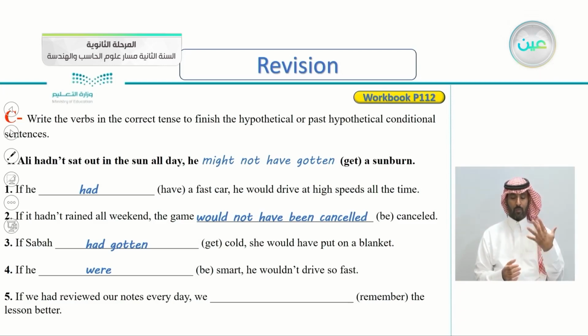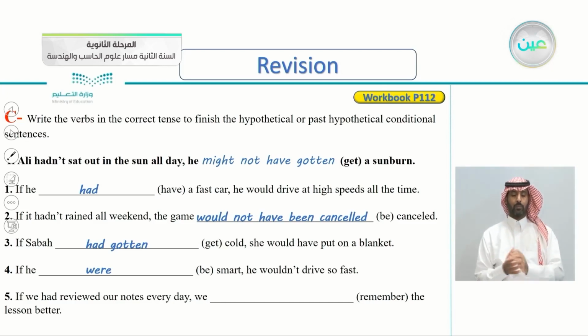Number five, if we had reviewed our notes every day, we, and the verb here is remember, the lesson better. This is the result clause. So what's the answer here?